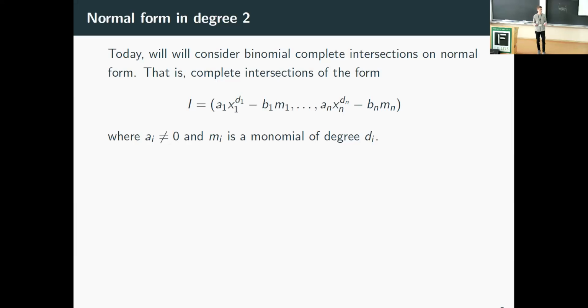Well, it's because there is already some known stuff about these classes of binomial complete intersections, at least in the quadratic case.